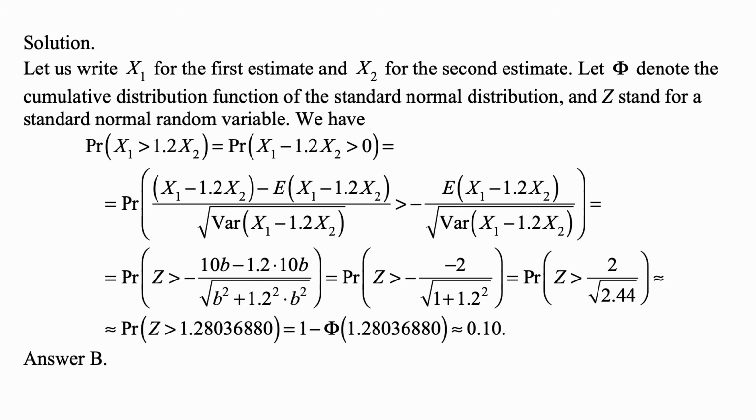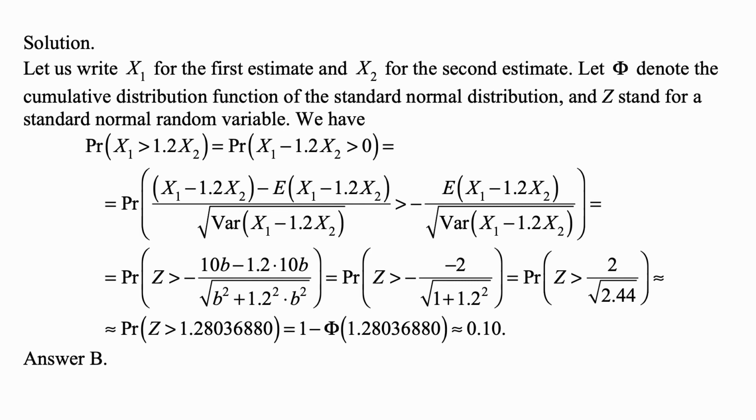And then we can just cancel b from the top and the bottom of this fraction because the square root of b squared is b. We factor out b squared from both expressions under the square root, and then the square root of b squared becomes b, and it cancels with the b in the numerator.